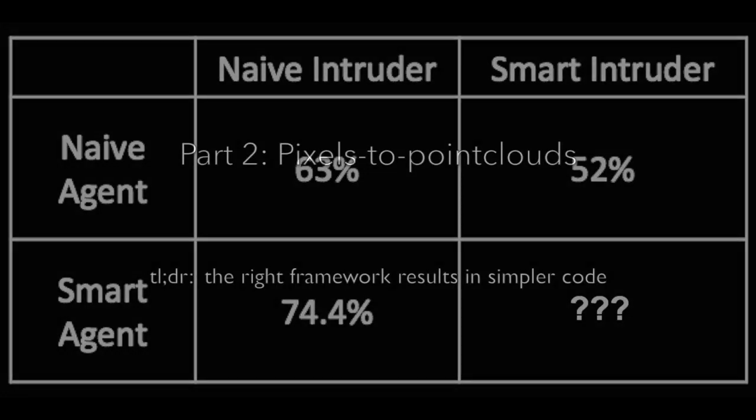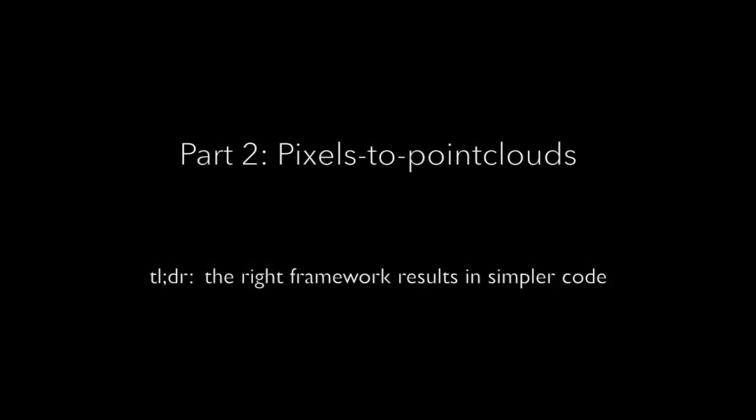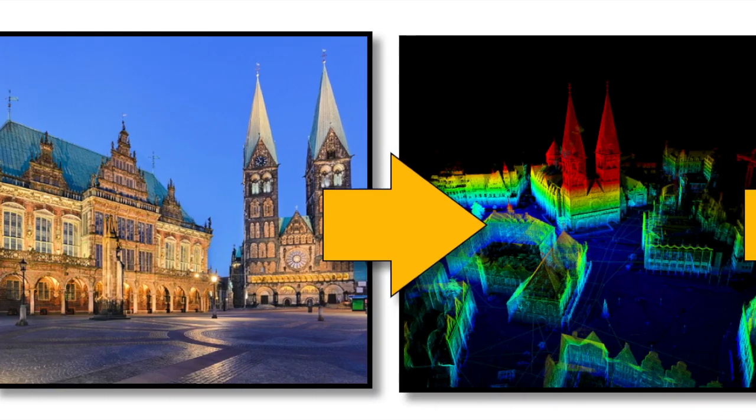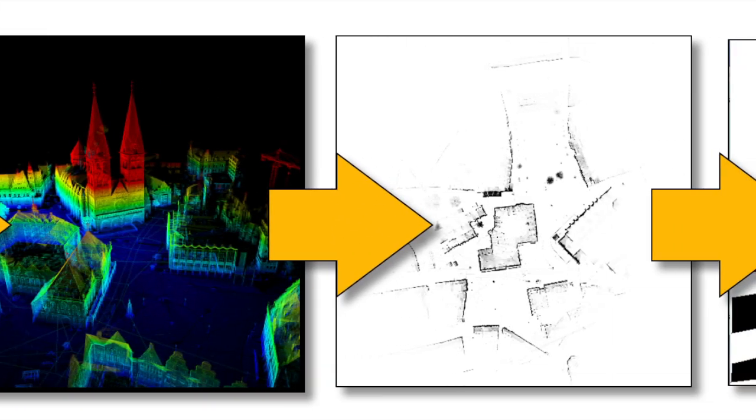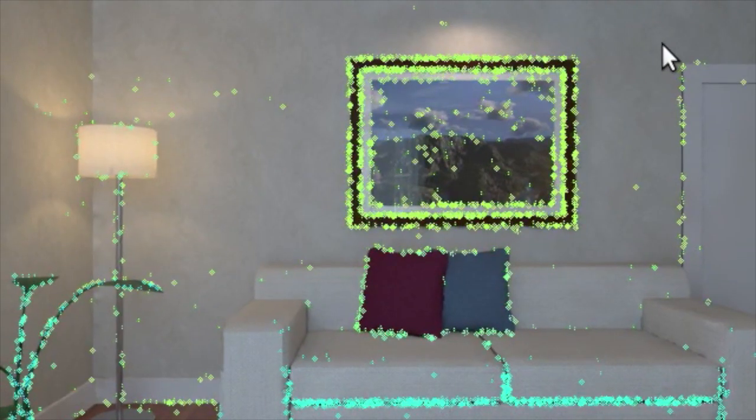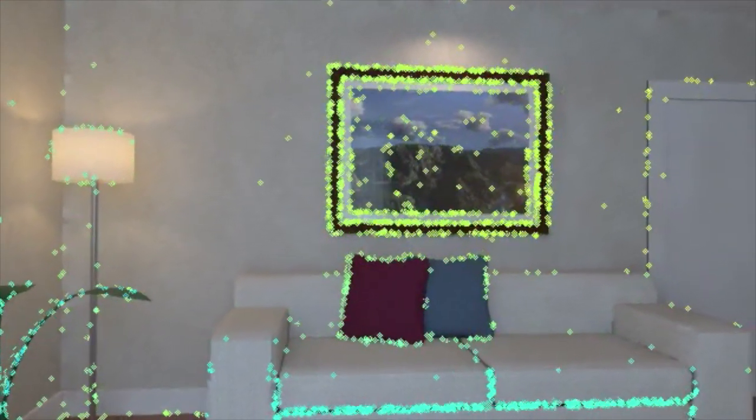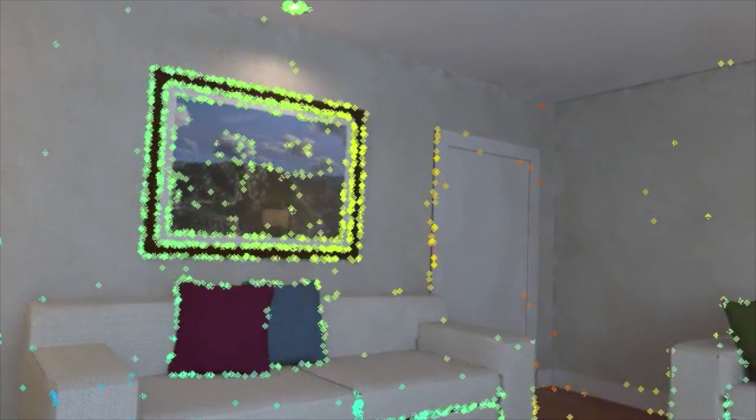So I'd also like to share with you a few results on going from pixels to point clouds, in the first part of our model. As I said, our ultimate goal is to start with raw pixels and then build up to these high-level representations such as maps that support theory of mind. We've recently been doing some work using point cloud-based visual odometry and implementing that using our probabilistic programming framework.